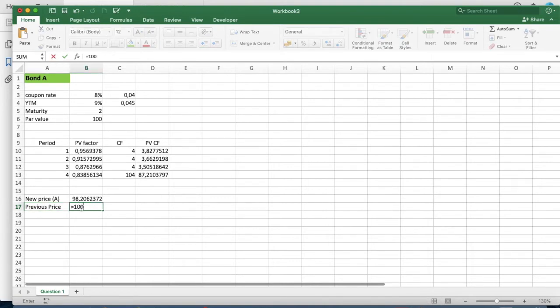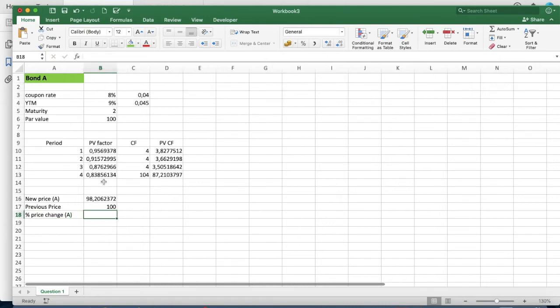$100, which means that there is a percentage price change for bond A equal to the new price minus the previous or the initial price, divided by the initial price.